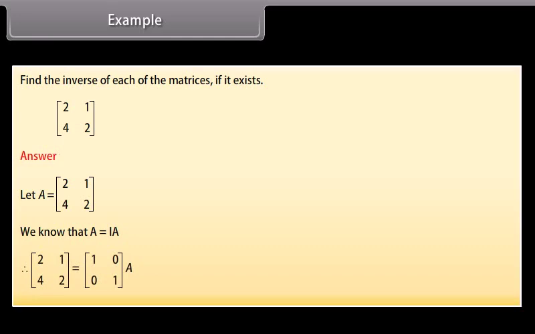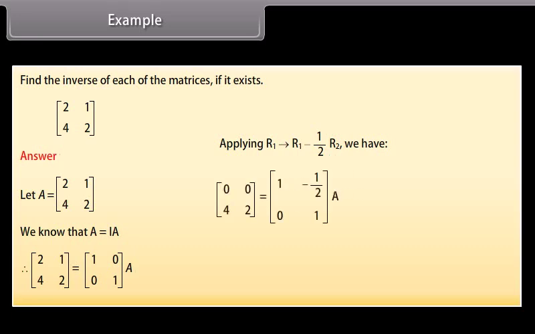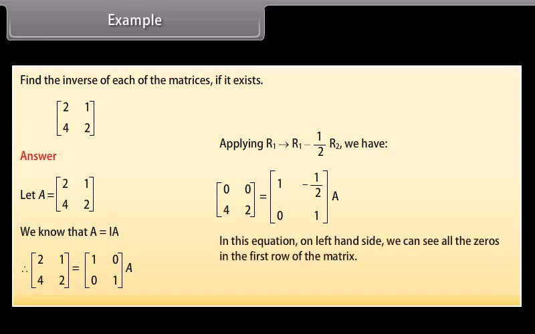Therefore, the matrix [[2, 1], [4, 2]] is equal to [[1, 0], [0, 1]] into A. Applying R1 changes to R1 minus 1 by 2 of R2, we have the matrix [[0, 0], [4, 2]] is equal to [[1, -1/2], [0, 1]] into A. In this equation, on the left-hand side, we can see all zeros in the first row of the matrix. Therefore, A inverse does not exist.